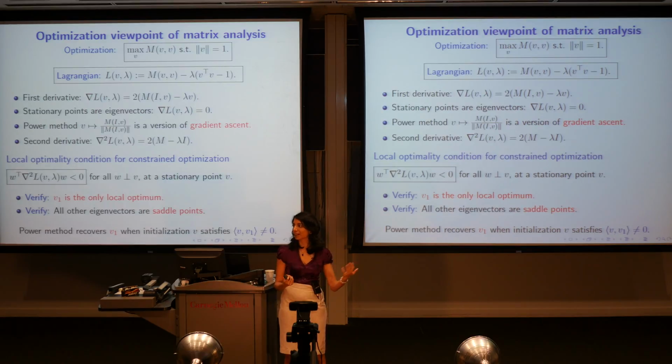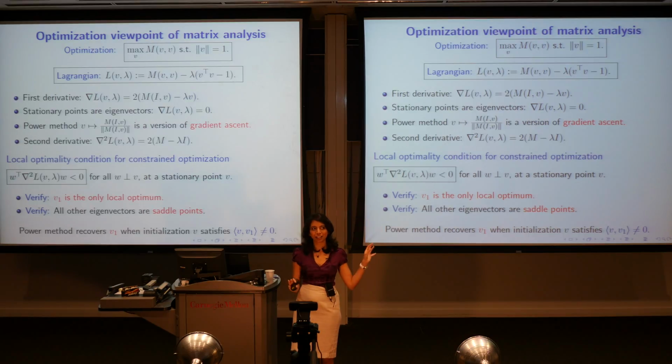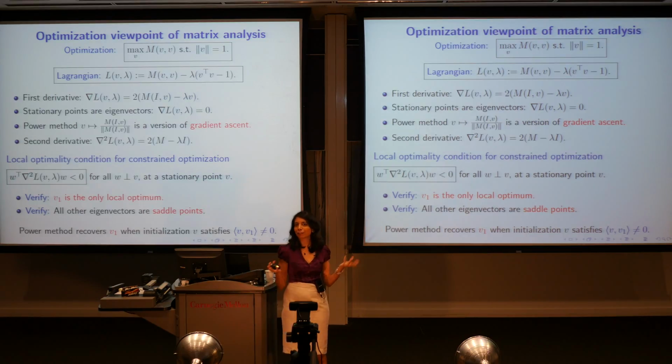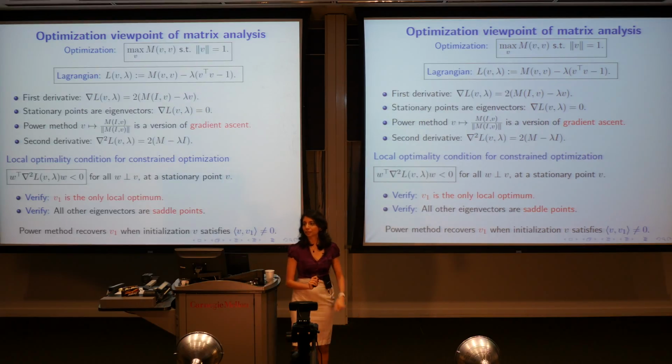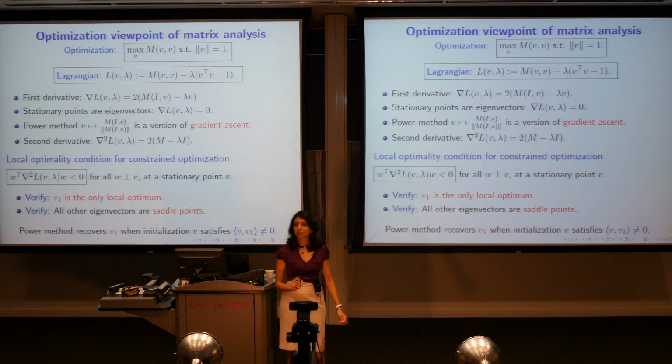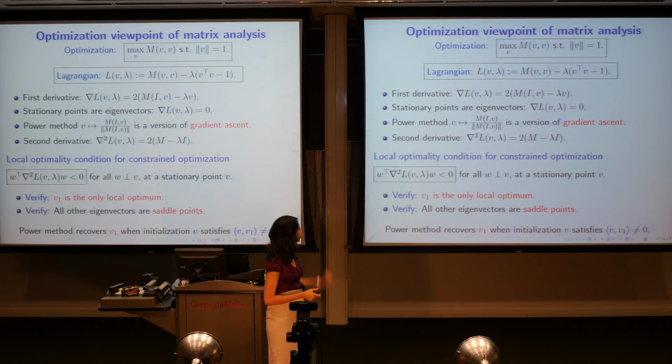So that's the nice thing about this matrix case. It's in fact kind of a best case scenario for a non-convex problem. Even though it's non-convex, I have the local and global optimum to be the same thing. I just have these other saddle points. So as long as I don't initialize directly on those saddle points, I'm good. Okay? So that's the matrix story.